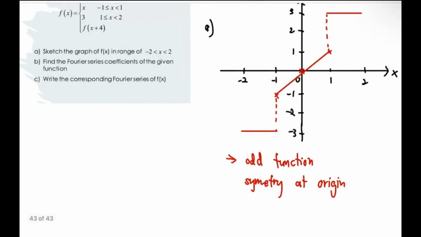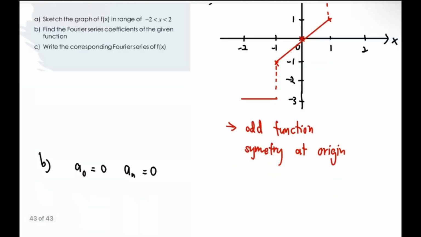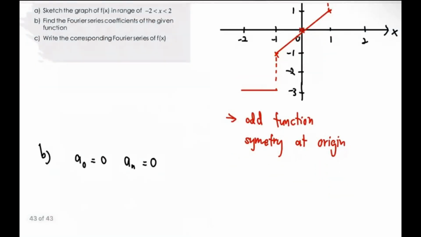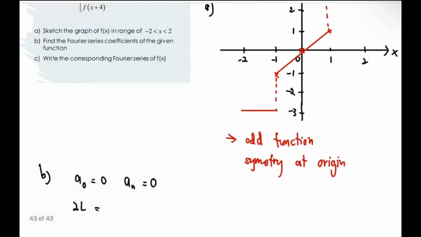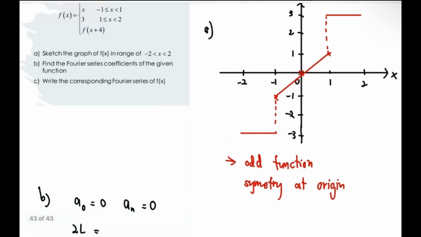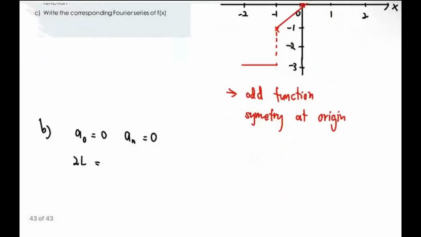So for an odd function, if we want to find the Fourier series coefficients, a naught will be 0, an also 0. So we just need to find the bn. Before we can find bn, let's define L. So we have 2L equal to 4, so L equal to 4 divided by 2.